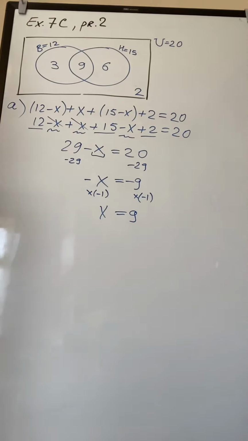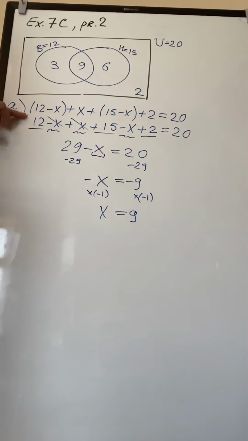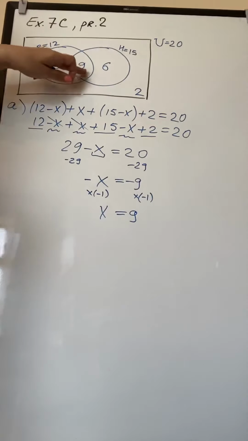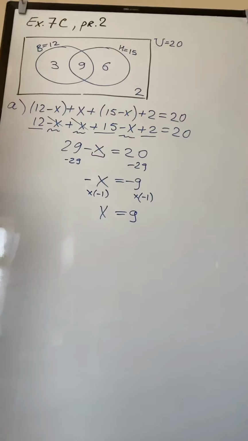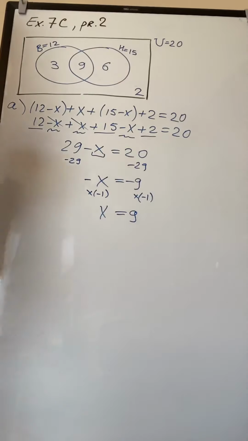Good. Now, is this the answer to your sub-question A? Not quite, because they're asking for the probability of that. Probability of these students. So you're picking out a person randomly from the crowd of 20 students, and what's the probability that the student actually studies both subjects? Well, now that we know the number of students, it's much easier.